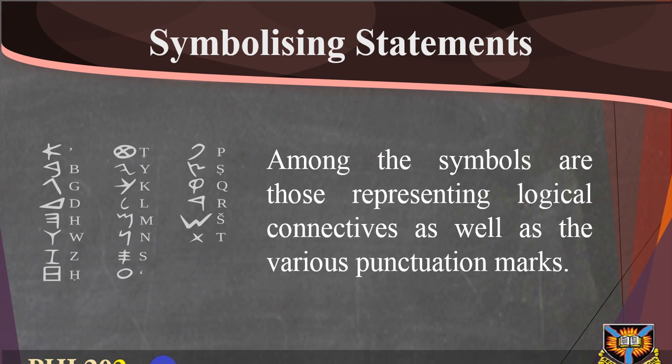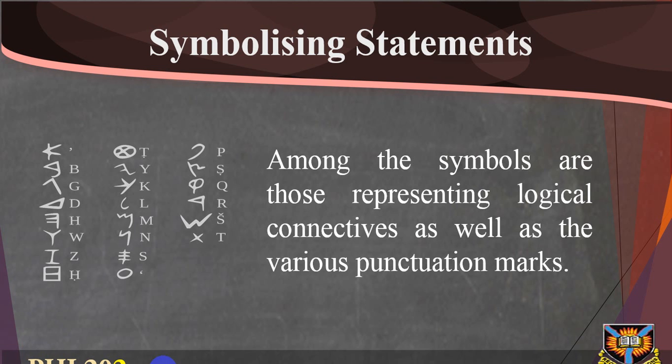Delta wins the Super Bowl. 1. Either Anambra wins its conference championship and Benin wins its conference championship, or Calabar wins the Super Bowl. Bracket open, A and B, bracket closed, or C.